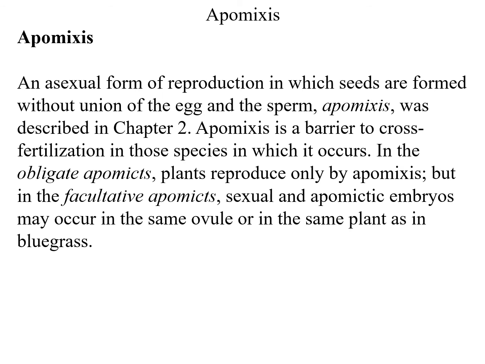Some of them are called facultative apomictic, and in this case it can produce sexual and apomictic embryos, and it can occur in the same ovule of the plants, such as blue grass. In this case, we have to separate both from each other in order to increase the recombination and the outcrossing of the species, in order to introduce new genes to improve it.